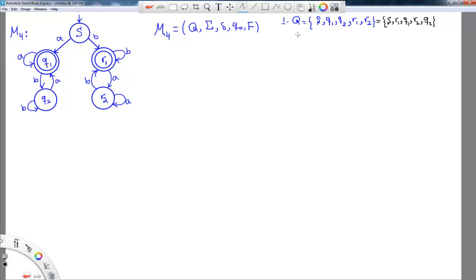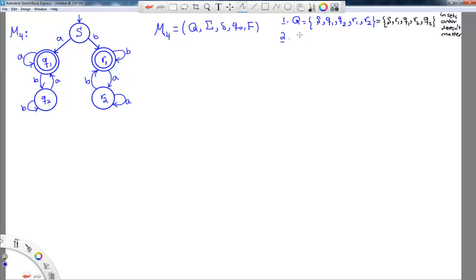So I'm going to just put a footnote here saying that in sets, order doesn't matter. Okay. So the set Q is just a finite set of states that I have.